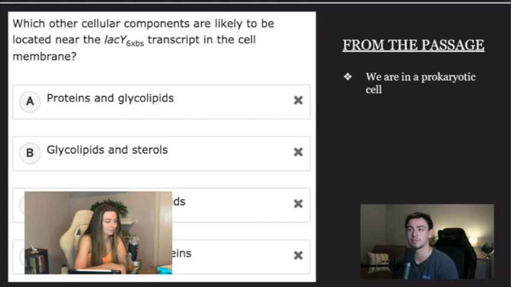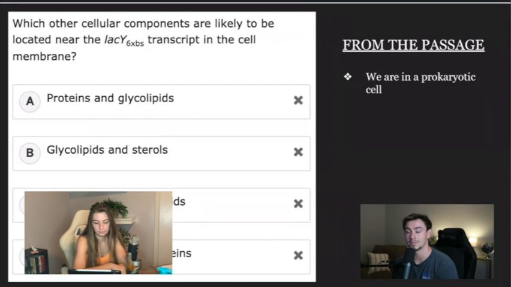So I'm going to rephrase this as, which of these components is only in prokaryotes? Or which of these is definitely in prokaryotes? A says, or which of these is in prokaryote cell membranes? Goodness. A, proteins and glycolipids. Well, that's in both of them, so that won't tell me.